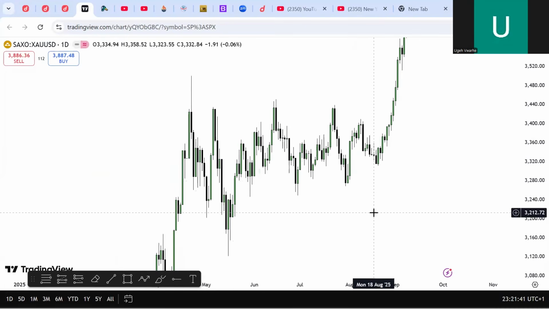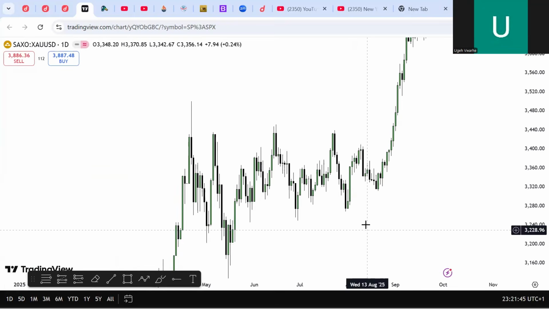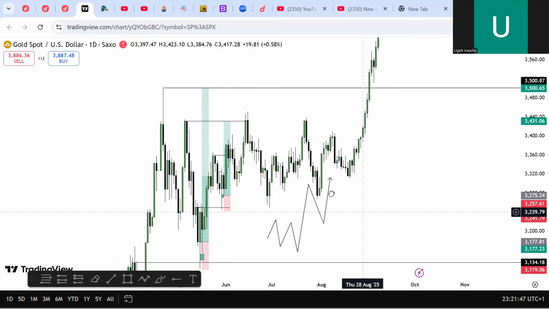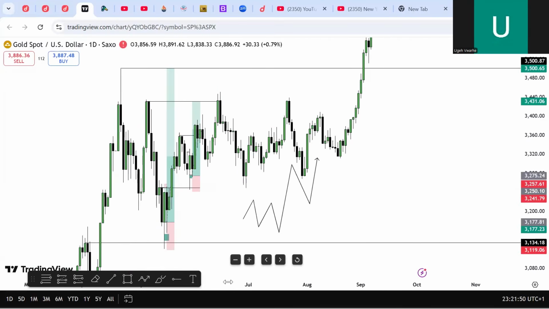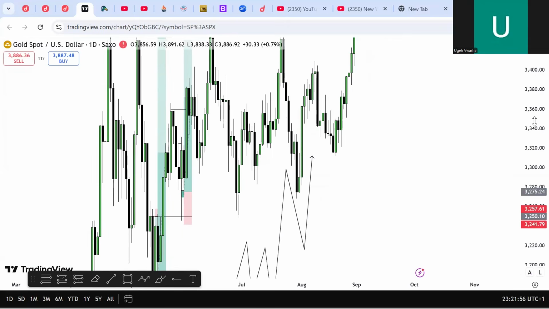Now price came into this level, broke it. Now where is another fresh level that we can buy from? Now look at this level again, this level below here.